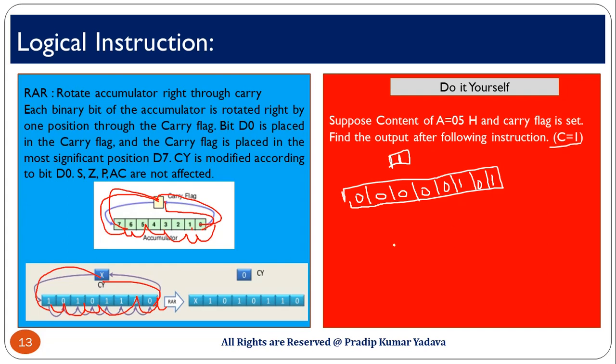Suppose you have to perform this instruction RAR, then this will be shifted here and this will be shifted here and every bit will shift to its own position. Then what happens, new diagram, check it.